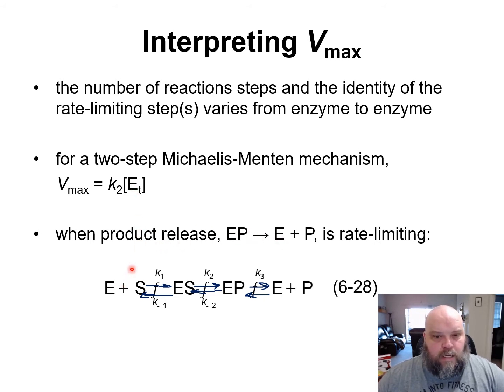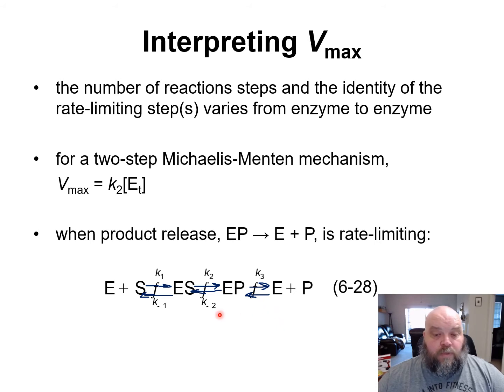So when we take into account that E plus S to ES to EP to E plus P, K1, K2, K3, each of those steps is going to have its own K. Each of them is going to have its own rate.